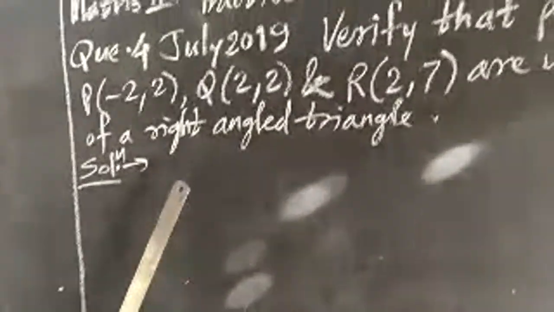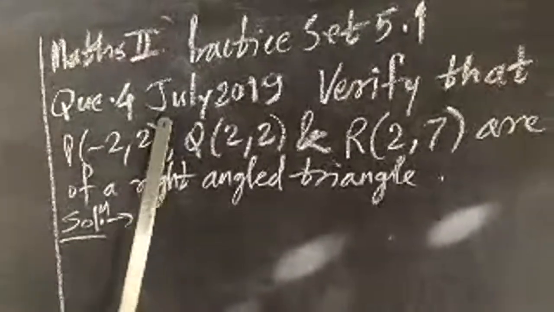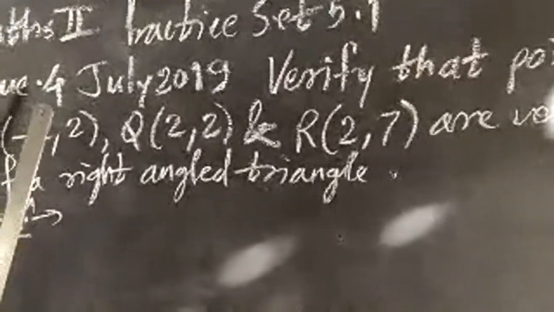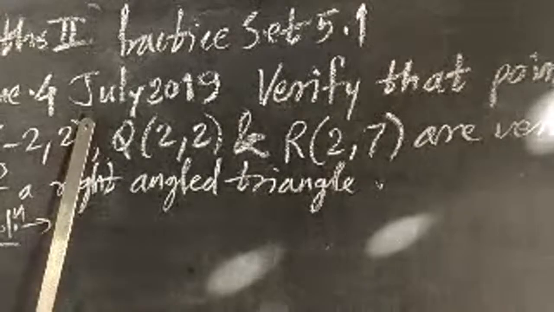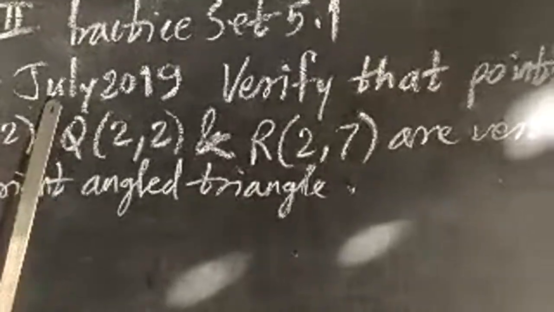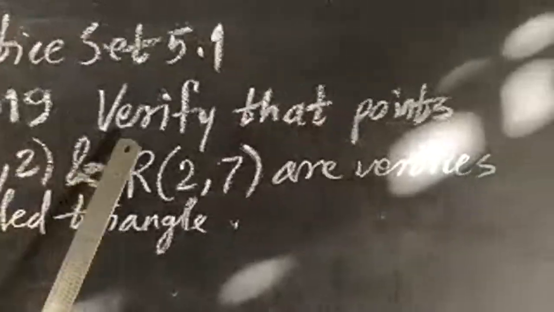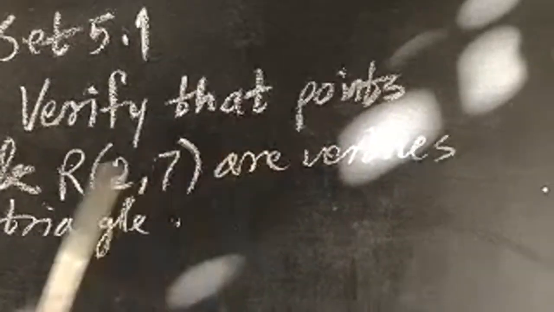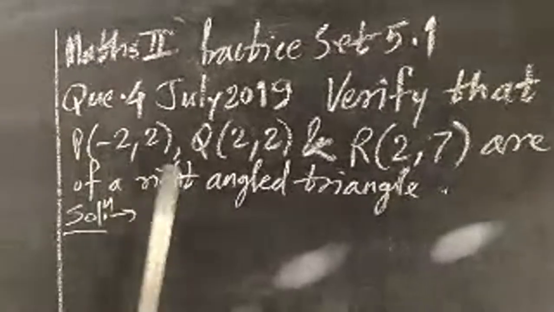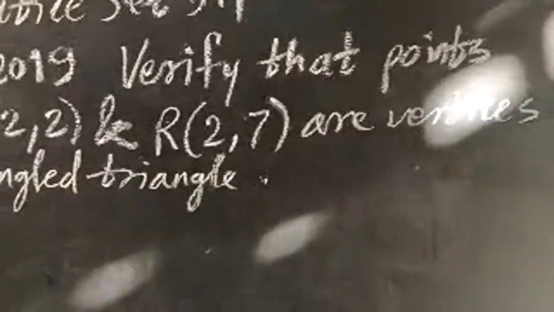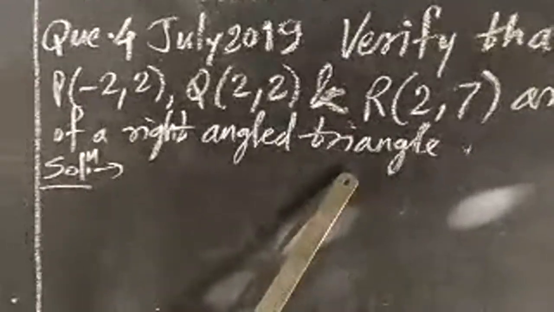Then next example, question number 4 we discuss here. That question was asked in the board exam, July 2019. Verify that points P, Q and R are vertices of a right angled triangle.